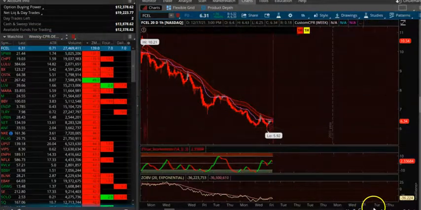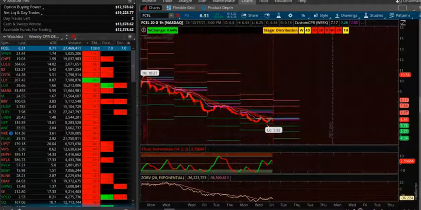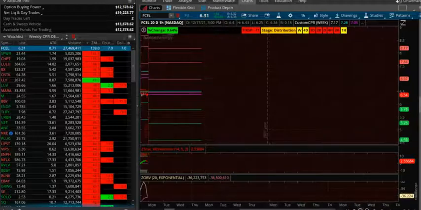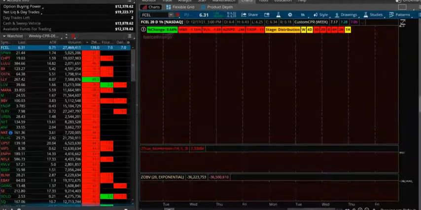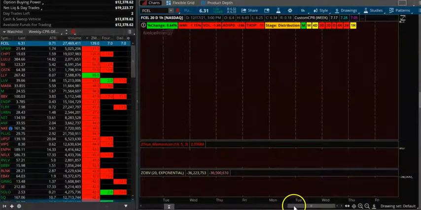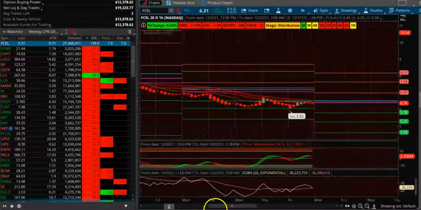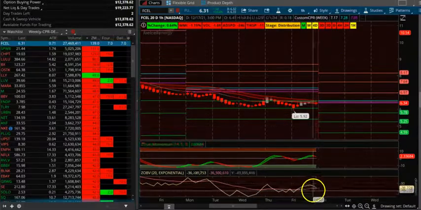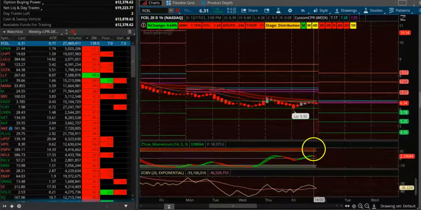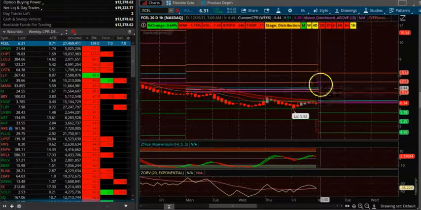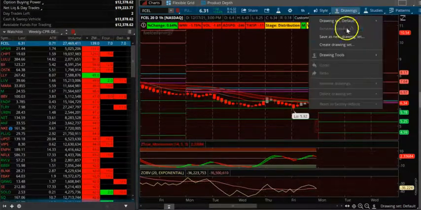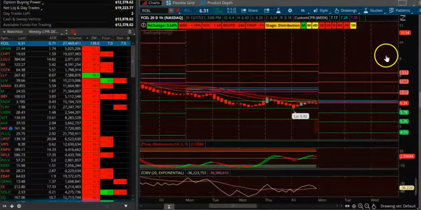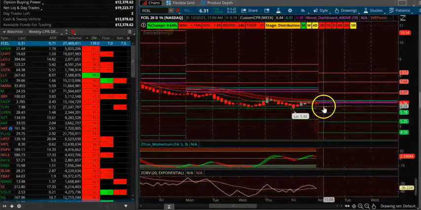You can see that this stock is completely downtrending. On balance volume is going down, momentum is negative, and the time frames are negative. So you can take the trade to the downside when the candle opens below this CPR.